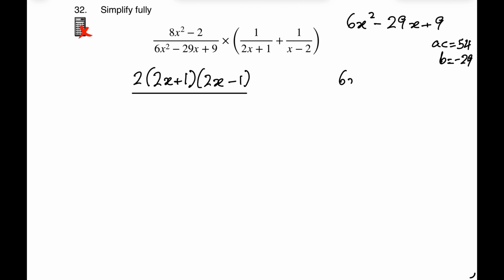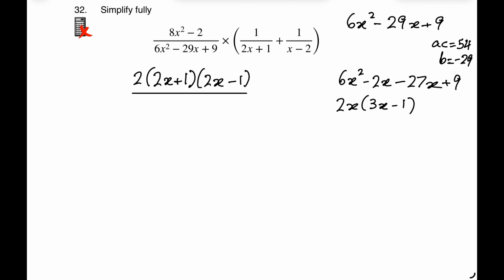So I have 6x squared minus 2x minus 27x add 9. Now I can take out a factor of 2x from that first half, and that leaves me with 3x minus 1.